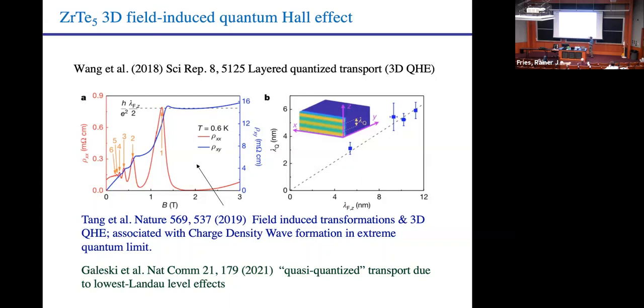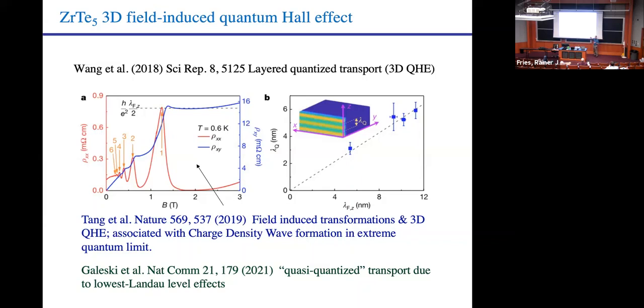In this case, not only the quantum Hall effect, but indications of fractional quantum Hall effect. But this is actually in a three-dimensional system, believed to have a three-dimensional Dirac cone. This result got a lot of attention.